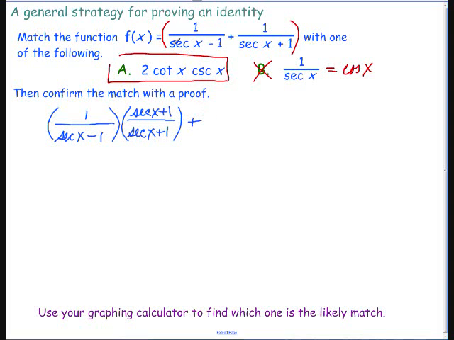And then I've got this one, and I'm going to do this one: 1 over secant x plus 1, and to get a common denominator, this one needs the secant x minus 1.